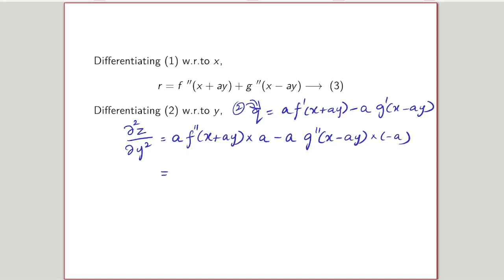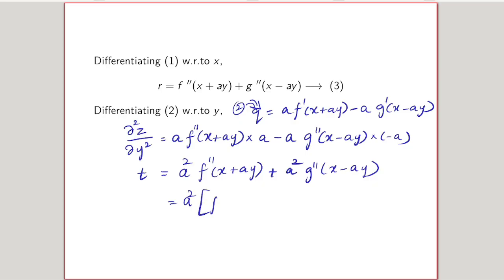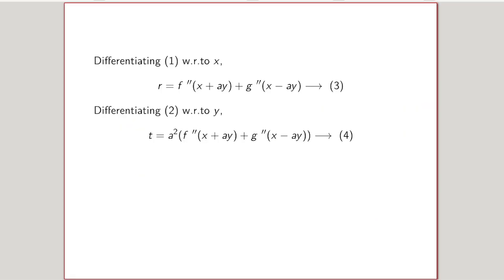So we can write this term as t, and we'll be getting a square f double dash of x plus ay, minus into minus will become plus, plus a squared g double dash of x minus ay. And let us take the term a square commonly outside. So it will be f double dash of x plus ay plus g double dash of x minus ay. So this is our next equation, equation number 4.